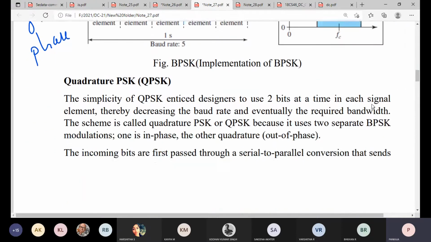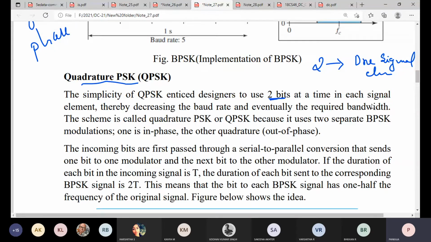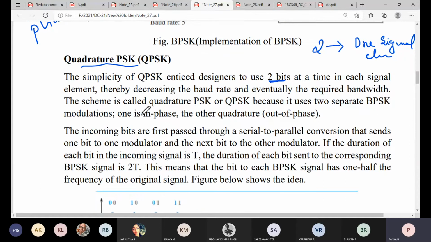That representation we call quadrature PSK. Don't get confused, it is not QAM, we are still in PSK. I am just increasing the number of bits sent per signal element to 2 bits.